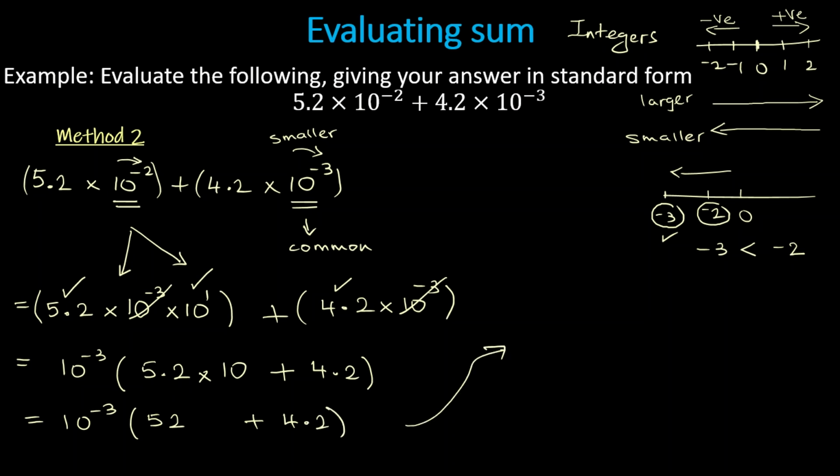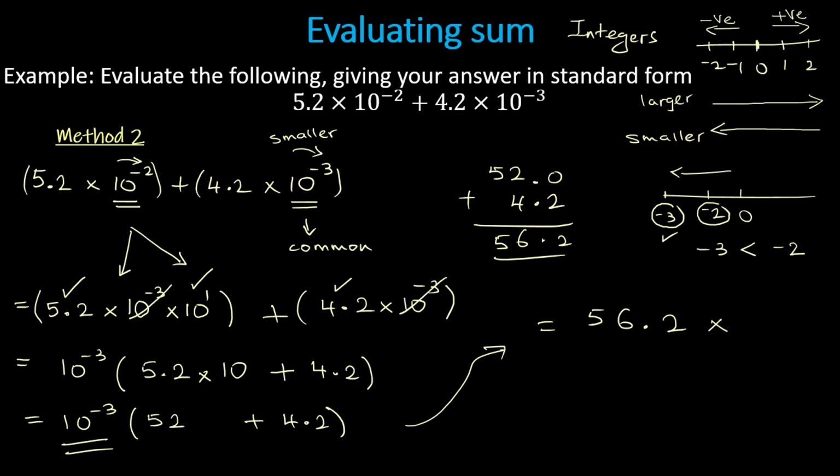I carry on there. 52 plus 4.2 is 56.2. Right, and don't forget the 10 power -3 times 10 power -3, of course.